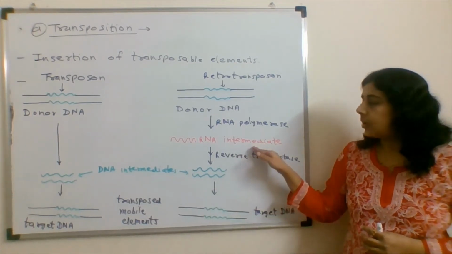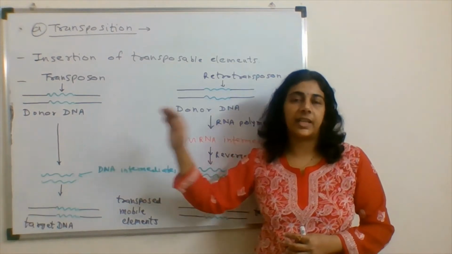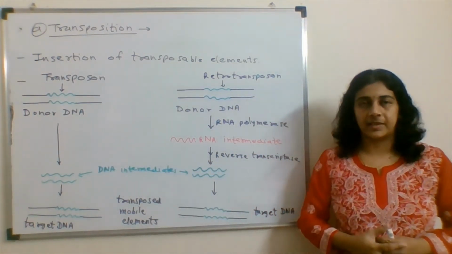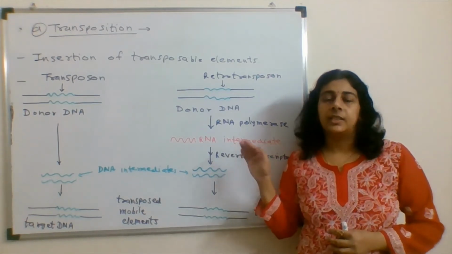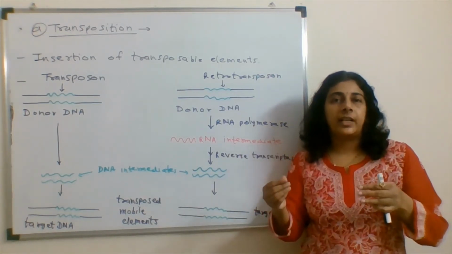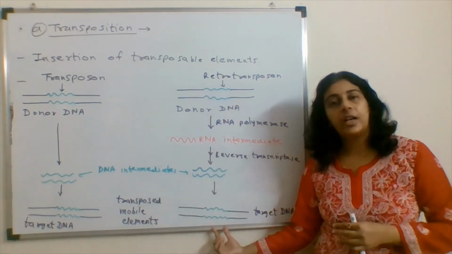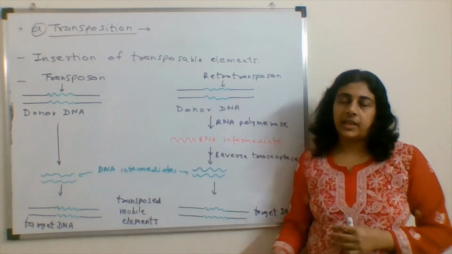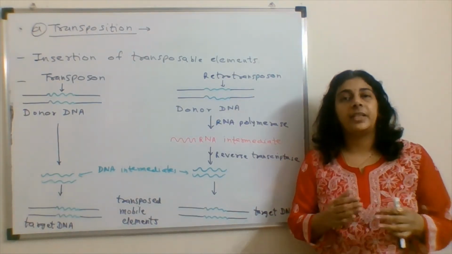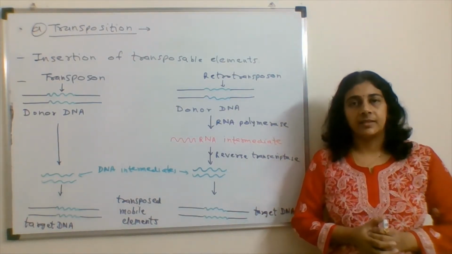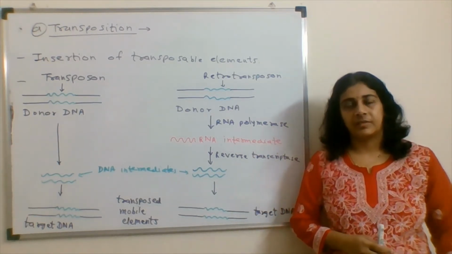That's why this is a copy and paste mechanism, whereas the transposon mechanism is cut and paste. Now, in reference to our question, here the polynucleotide is cut from one side and attached to another DNA, whereas in the question they are asking about thymine and adenine bases. So this is not the answer for our question.